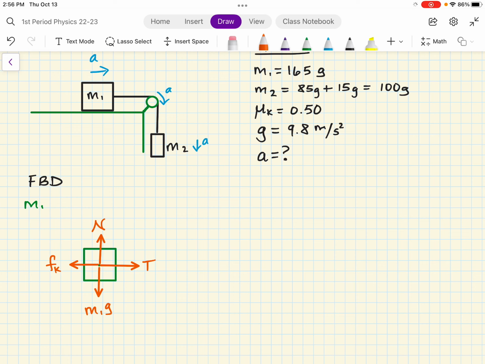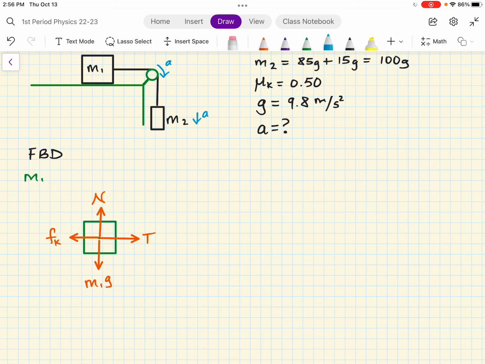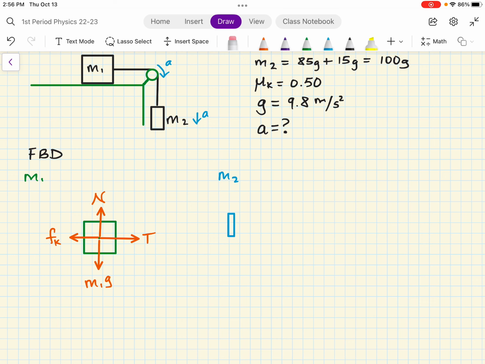Now, let's go for mass 2. I said we were going to use blue for that one. Mass 2. There you go. Let me move it to the side.